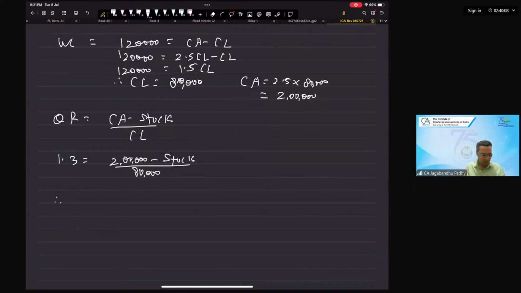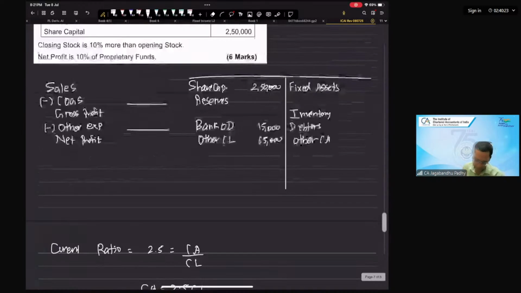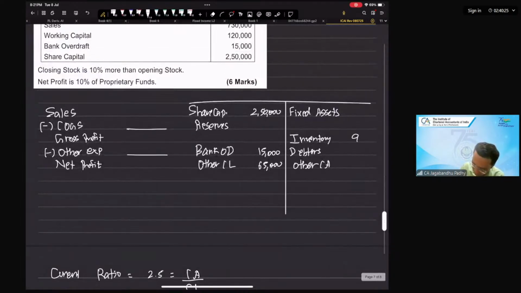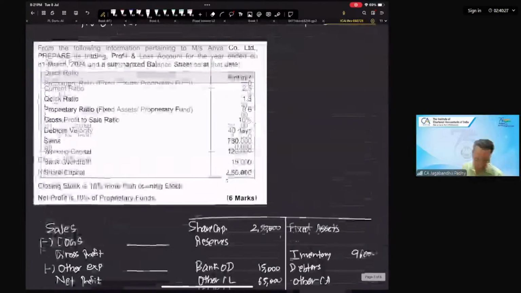So 80,000 into 1.3 minus 2 lakh. So stock is 96,000. The inventory is basically 96,000.